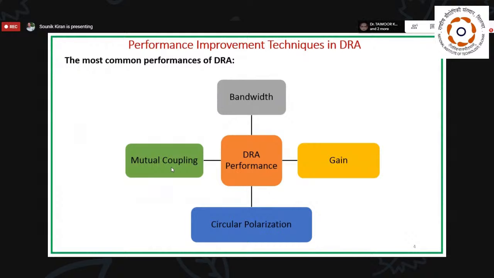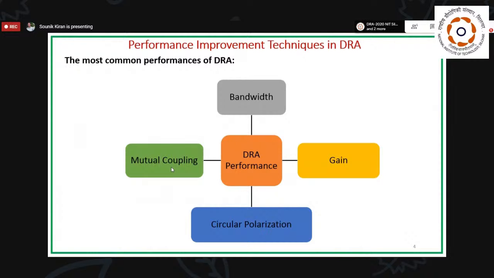About performance improvement, as we already discussed in the last class, DRA performance mainly depends upon its bandwidth, gain, circular polarization, and mutual coupling. Out of these four, we have already discussed the techniques associated with bandwidth.